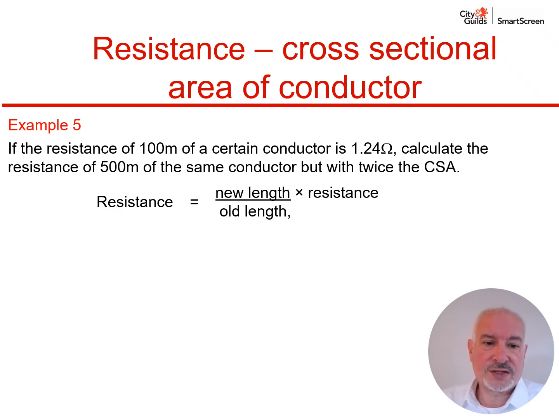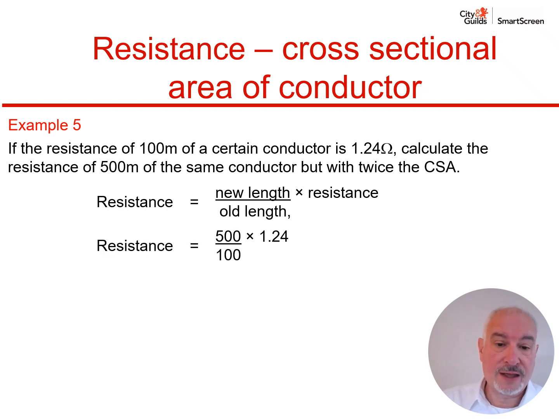So first of all, let's consider the resistance in terms of the length. So that would be the new length divided by the old length times resistance. So that's 500 is the new length divided by 100, the old length, times 1.24, gives us a resistance of 6.2 ohms.